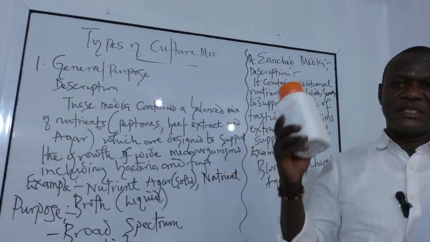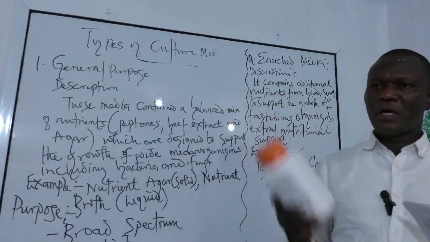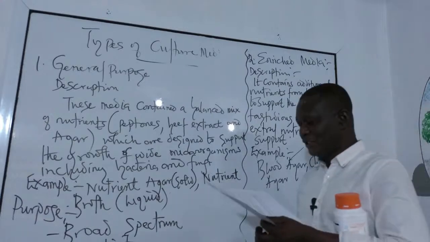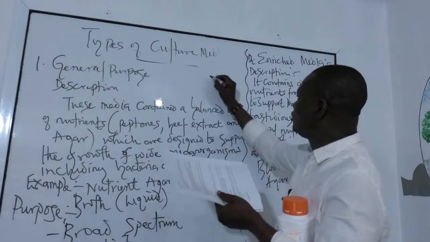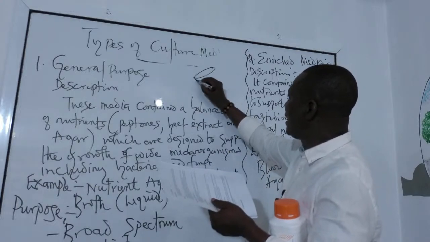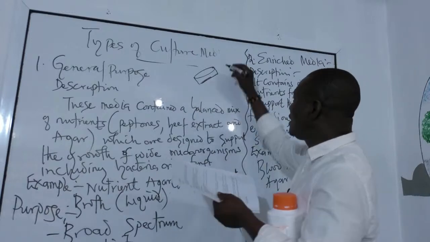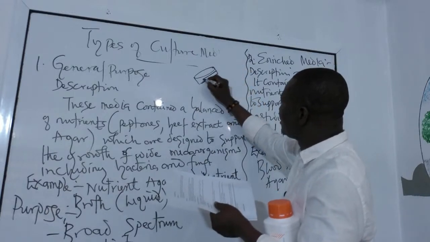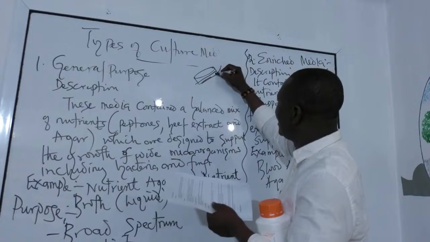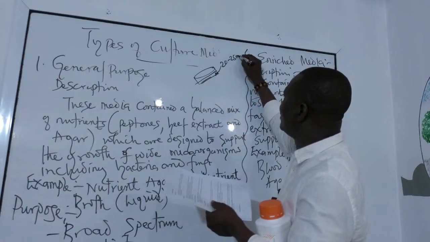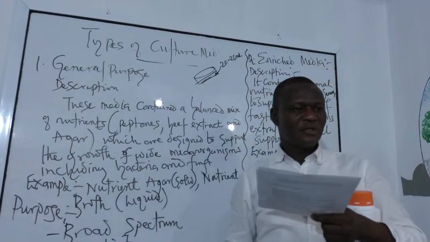You dissolve 28 gram in 1 liter. So depending on what you need, don't forget that in this petri dish, under normal circumstances, the liquid agar that you should put there should be between 20 and 25 ml.